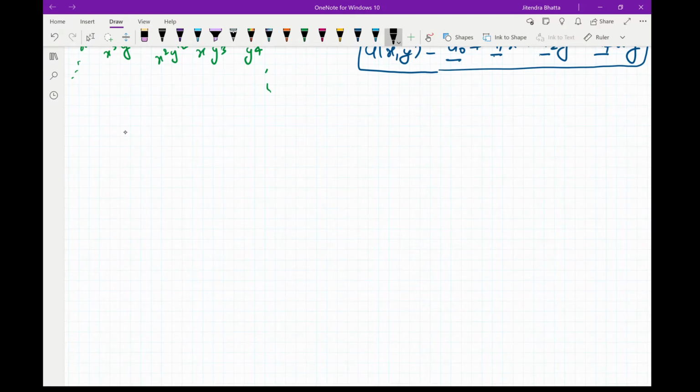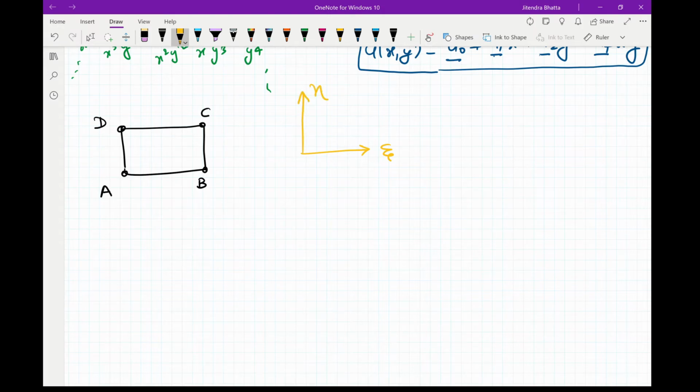Now let's take a rectangular element which has 4 nodes. Let this be node A, B, C and D. Now you see, either we can do this in x and y, or you can do this in natural coordinates. Now here generally we use natural coordinates. Now since this is a 2D plate, what you'll have is one coordinate in this direction and you'll have another natural coordinate in the y direction.